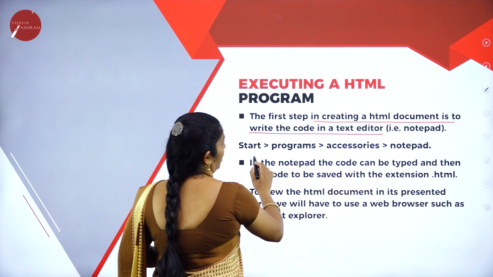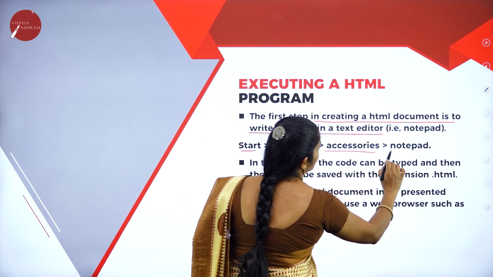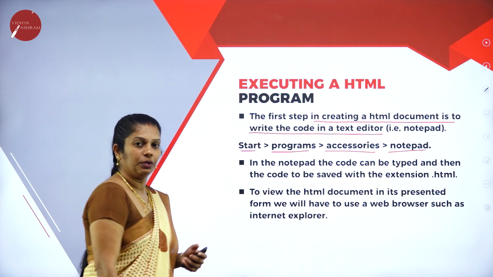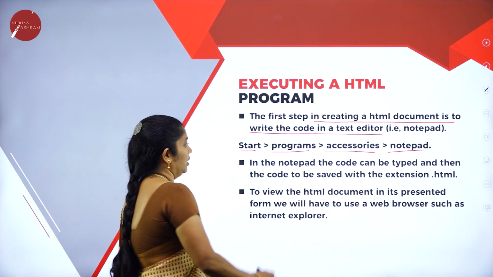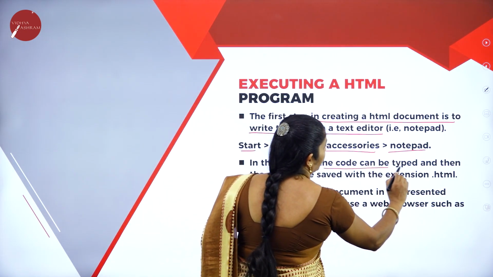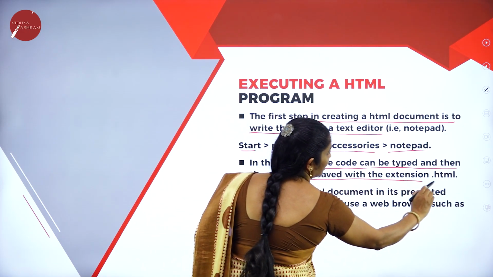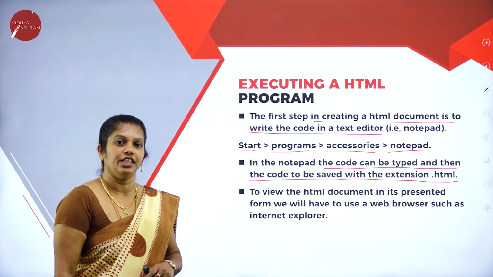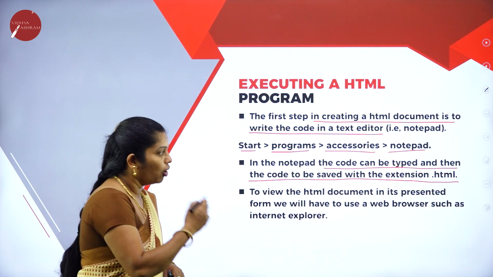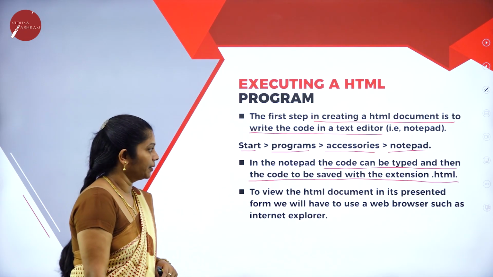Then click on the start button. There, under programs, under accessories, you have Notepad. You have to open the Notepad. There you have to type whatever program you want. In the Notepad, the code can be typed and then saved with the extension .html. Whatever file name you want you can give, but afterwards you have to type .html.